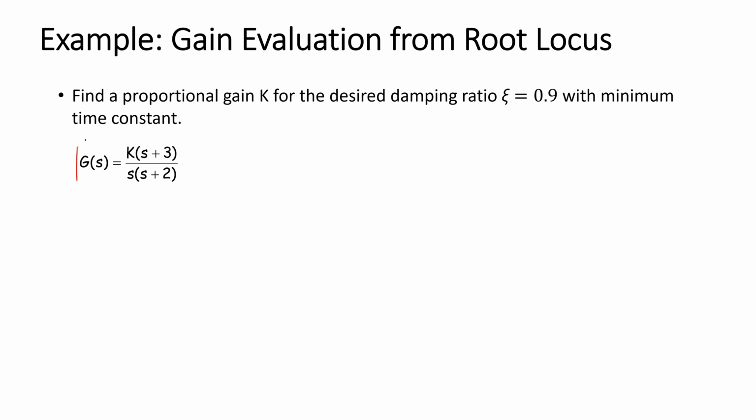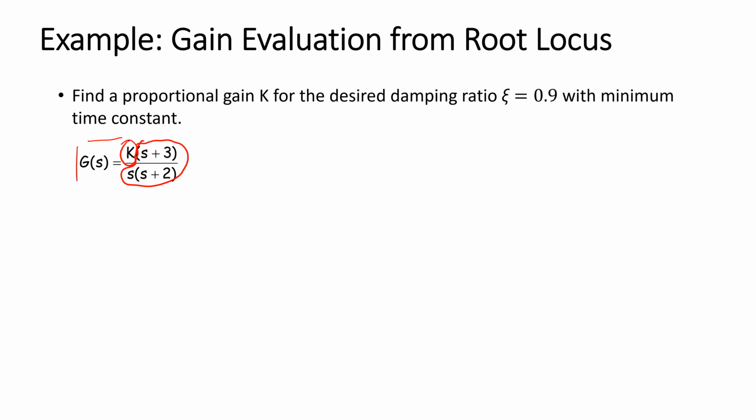The open loop transfer function of the system. And we're gonna vary the gain K. And the root gonna change the location along the locus.